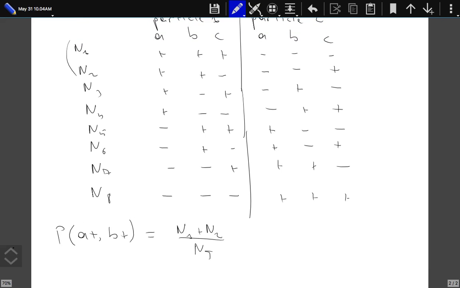But I can also write this in this form, or let's say less than or equal to N1 plus N3 plus N2 plus N4.